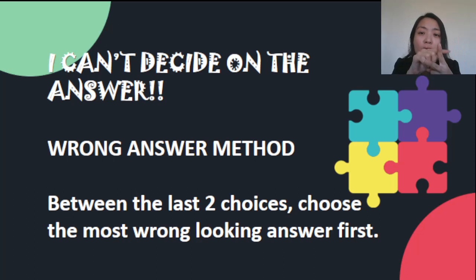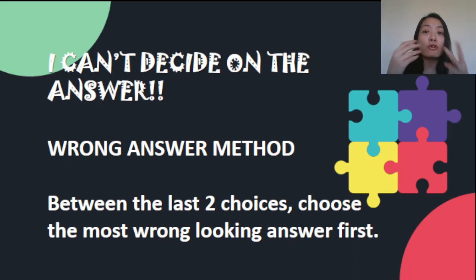But since this one looks more wrong, then I think this one must be the answer. So you select the answer that is left. Okay? So which one looks more wrong? Not which one looks more right. And then you will end up choosing the right one. Because both are going to look right to you.